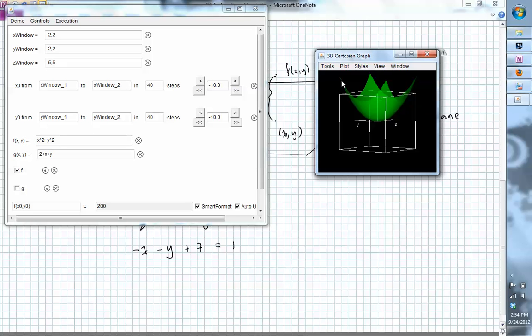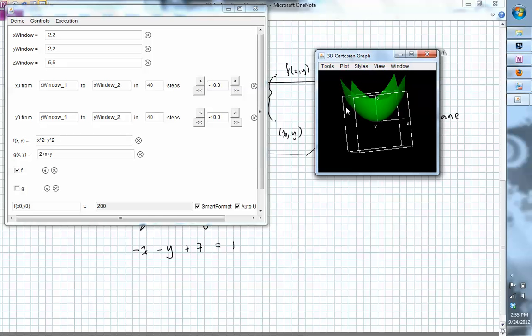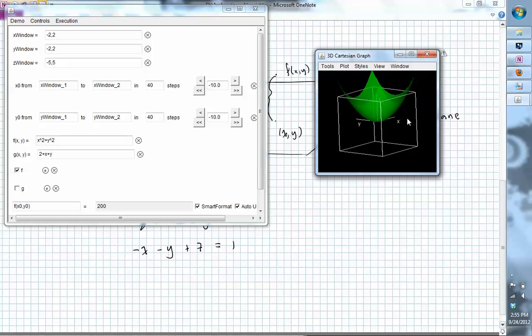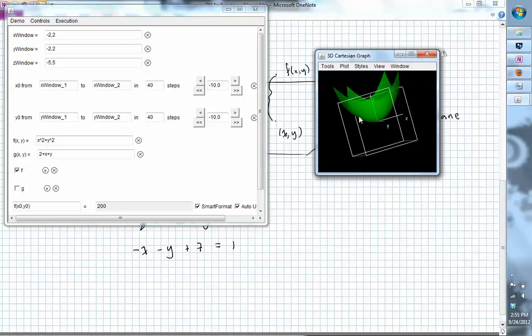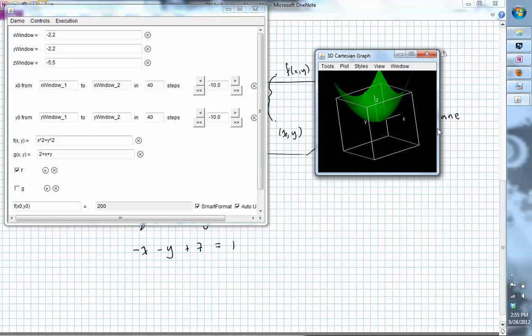It covers the entire xy plane. In that context, no, it doesn't have a maximum. Z is unbounded. You can get as high as z as you want. So we will start talking about things like that: what are the maximums, what are the minimums? And it turns out, as I alluded to earlier, a lot of the things we learned in calculus are going to help us find these maximums and minimums.